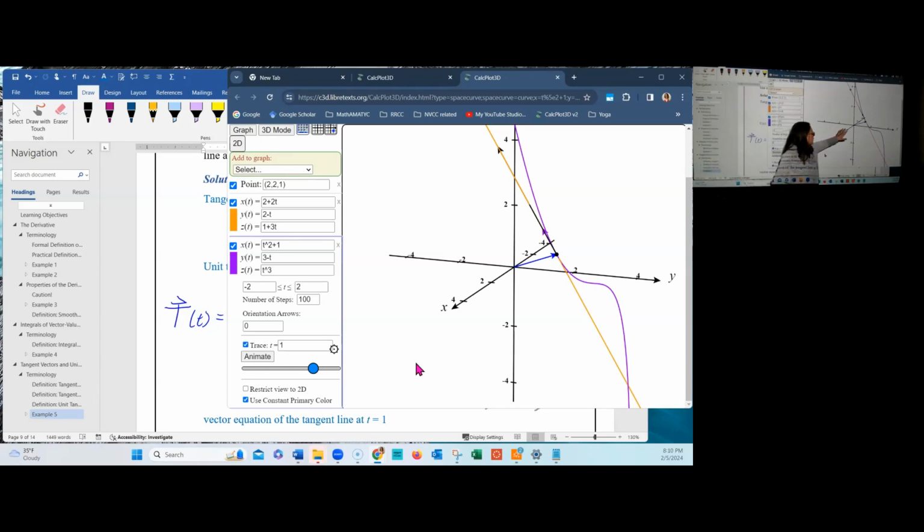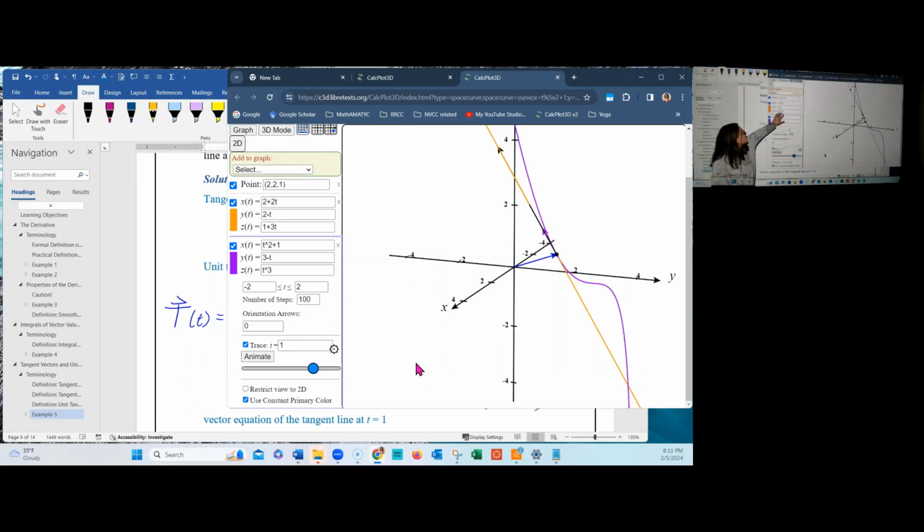The blue arrow is the position vector of the point when t equals 1. The purple vector, the short one that you see here, is the unit tangent vector pointing in that direction. And the longer black one, which you can barely see the tip of here, is the tangent vector that we found, which I think was 2, -1, 3. So when you're looking at this, this is giving you the tangent line.